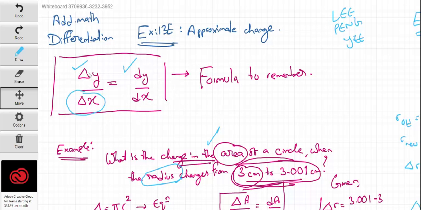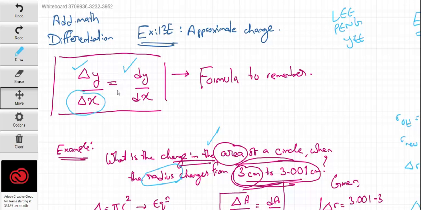It says, look, the ratio of the y change and the x change is the same as the value of dy by dx. That is the only thing you have to understand to work through this exercise. Usually the change in this x value is very small, because for very large values, we really don't resort to this formula.